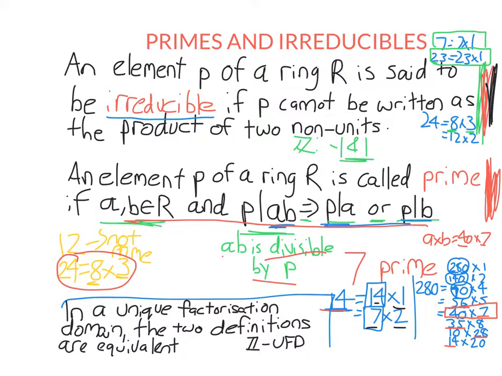So what actually is a unique factorization domain? Well, a unique factorization domain, or a UFD, is a type of integral domain. We need it to be an integral domain because of this. We can't have division if it's not an integral domain. So that's what we went through.